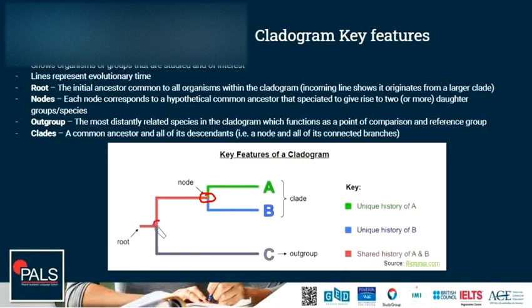Another node would be here. Each node corresponds to a hypothetical common ancestor that gave rise to these 2 new species. And these 2 species then, including the common ancestor, are a clade.